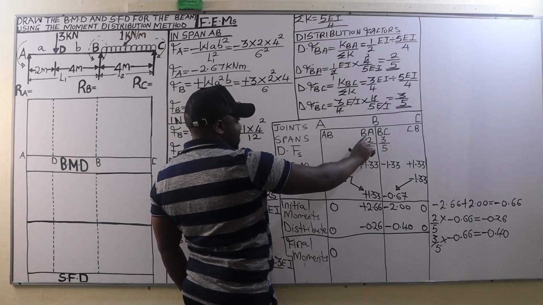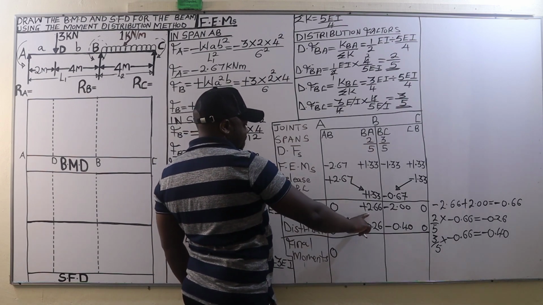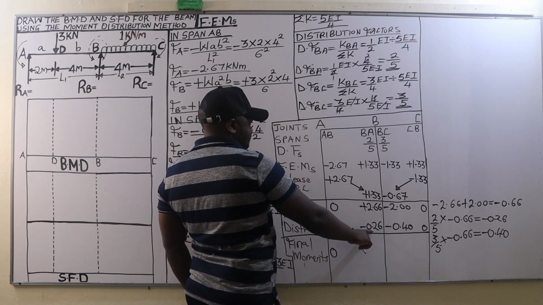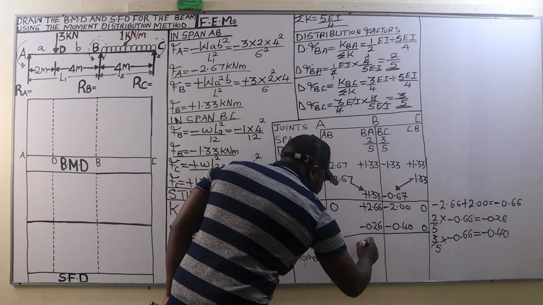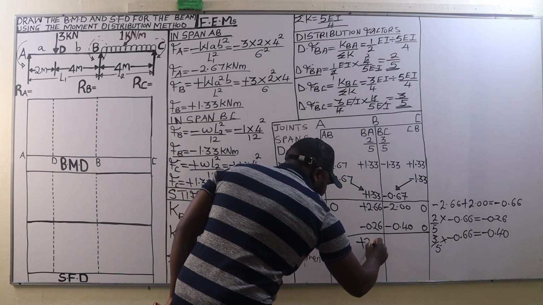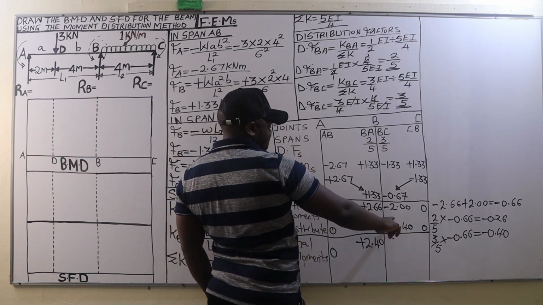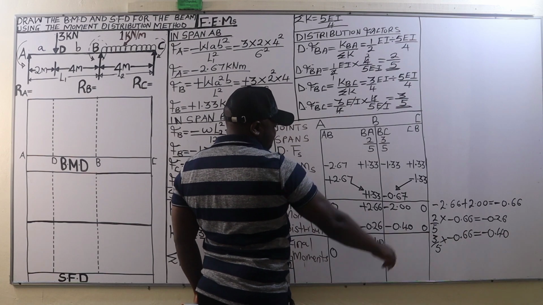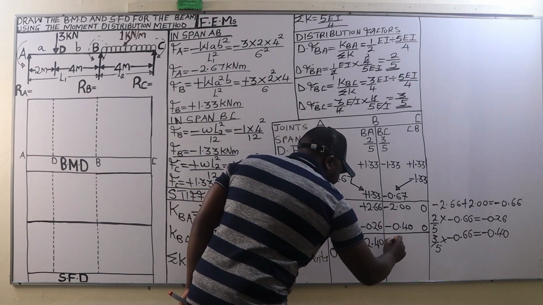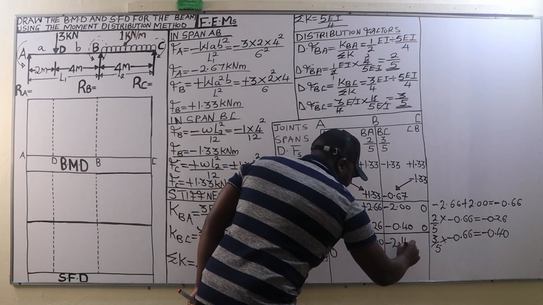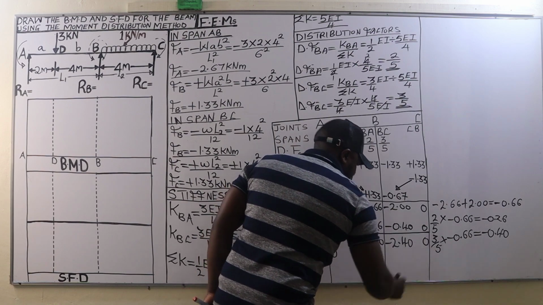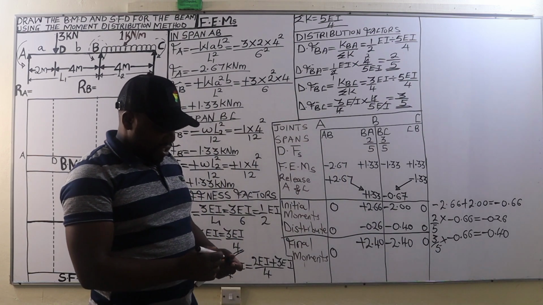On the span BC, at joint B, we have 2.66 minus 0.26, which is positive 2.40. On this side again, minus 2 minus 0.40, that is minus 2.40. And we have a 0 there.